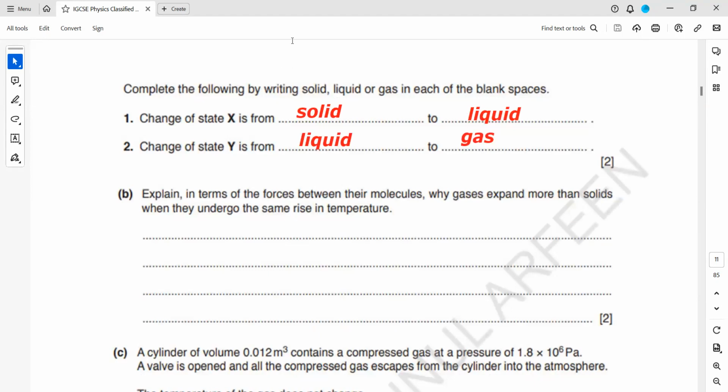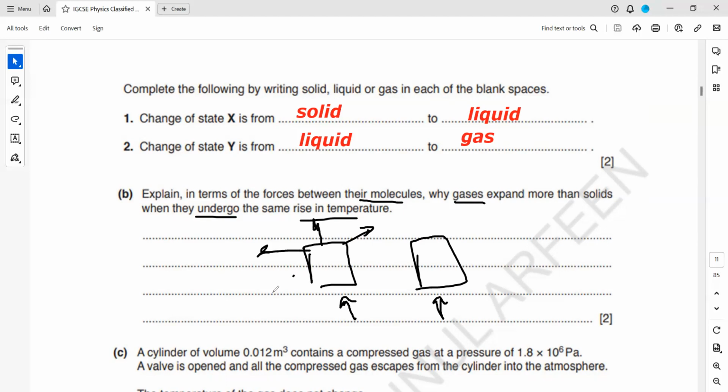Explain in terms of forces between their molecules why gases expand more than liquids when they undergo the same rise in temperature. Like when we supply an equal amount of energy, say we have equal amounts of gas and liquid, when we supply equal energy to both of them, the expansion or increase in size for a gas is much higher compared to expansion in a liquid.